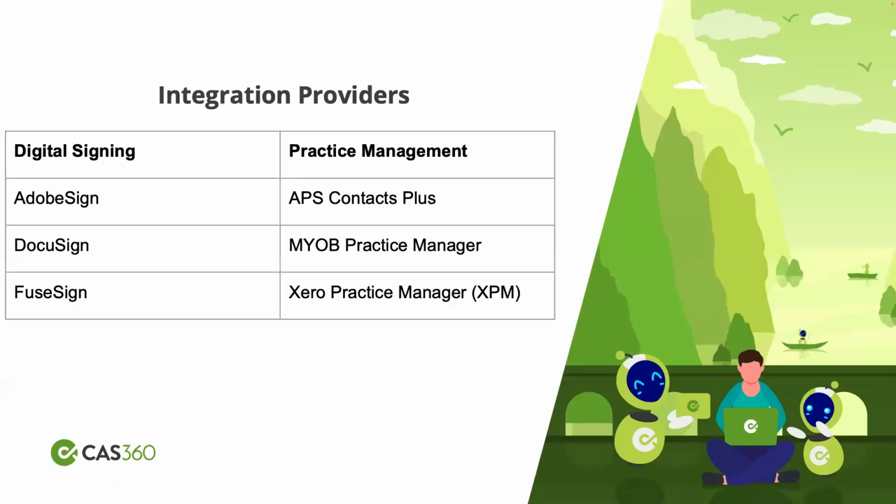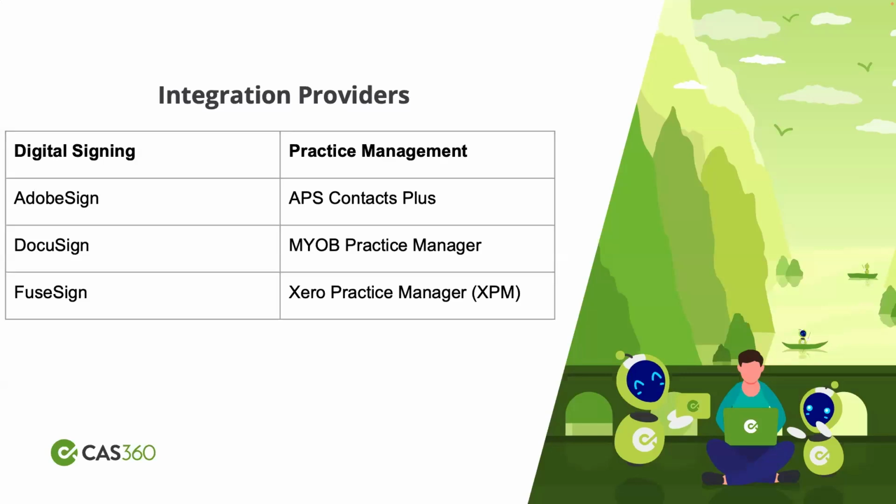Now, heading to today's session with regards to integration providers. If you are not aware, BGL integrates with many vendors. With digital signing, we have three integration providers: Adobe Sign, DocuSign, and FuseSign. I would encourage you to get in touch with those providers, if you're not already using them, to find out the most appropriate subscription for yourselves.